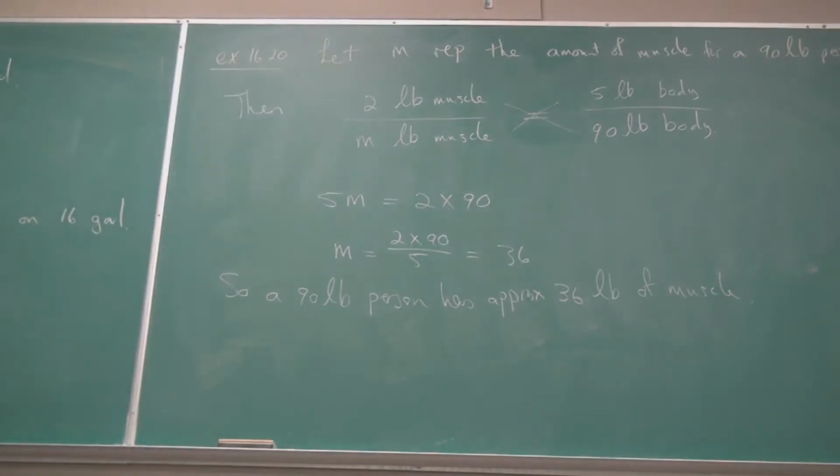The variable that you should define is always going to be the unknown. If you can just set up the ratio equations, it's really so easy. And there is never any guessing. Should I multiply 90 by 5 and then divide by 2, or multiply by 2 and then divide by 5?